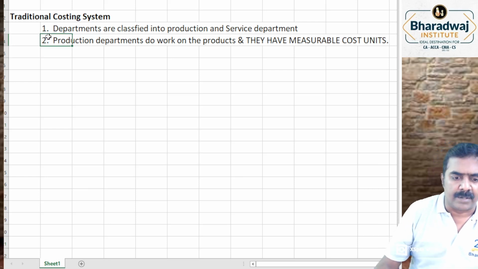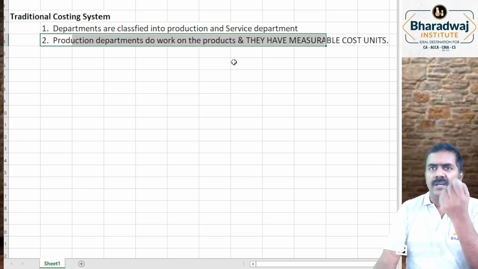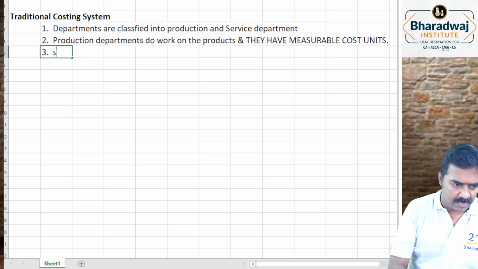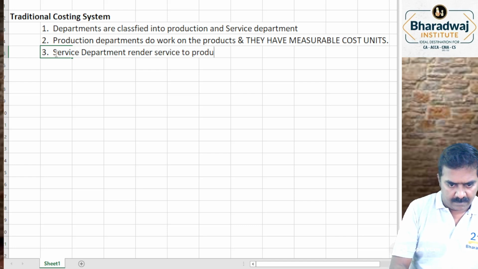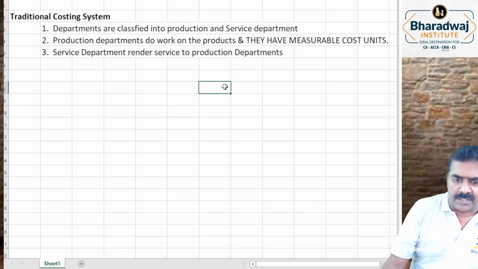Production departments do work on the products and they have what? Measurable cost units, which means they have customers, cost units. Service departments exist to render service to which department?